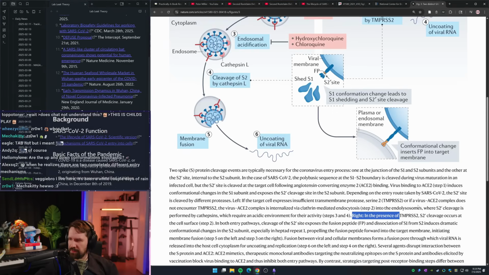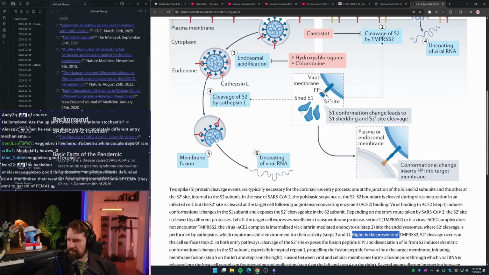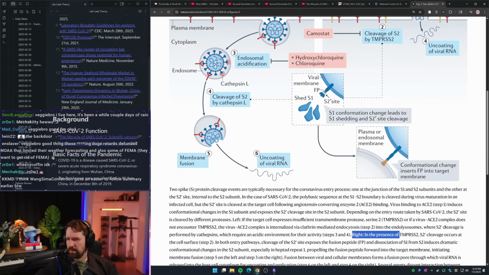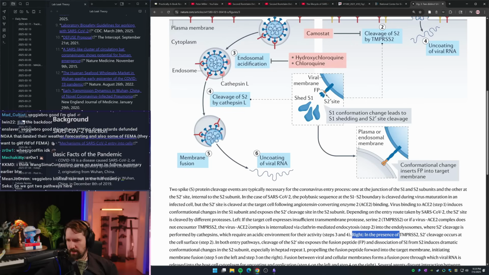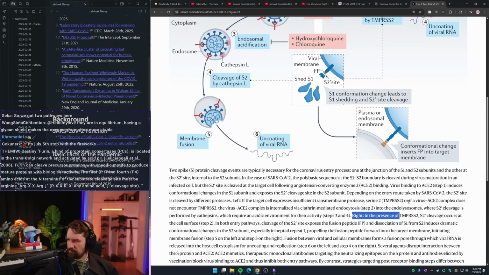If there's no TMPRSS2, then it gets sucked in via some other process, and then the S2 prime cleavage is performed by cathepsins, but that requires an acidic environment for activity. And then in the presence of TMPRSS2, S2 prime cleavage occurs at the cell surface.